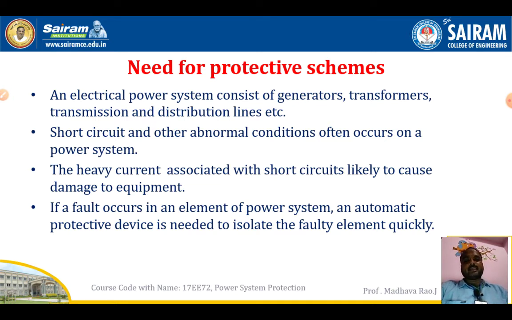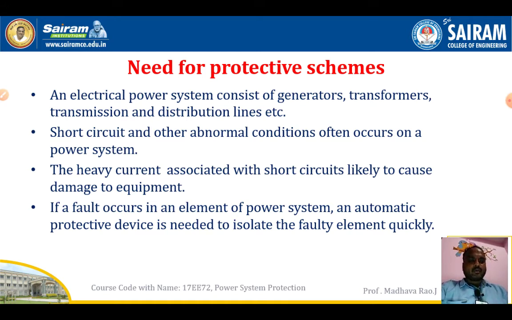Suppose you take a generator, heavy current flows, so the entire equipment will be damaged. To avoid heavy current flowing through the equipment and damaging it, we require power system protective schemes.